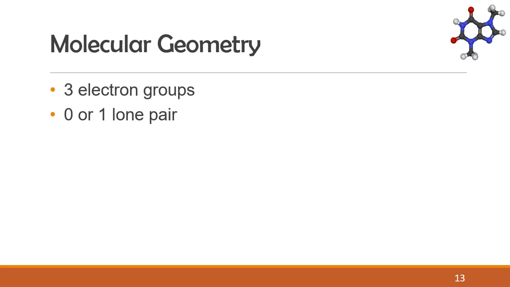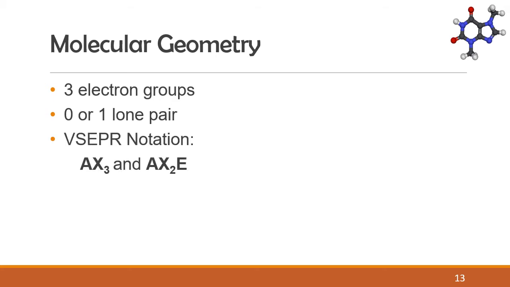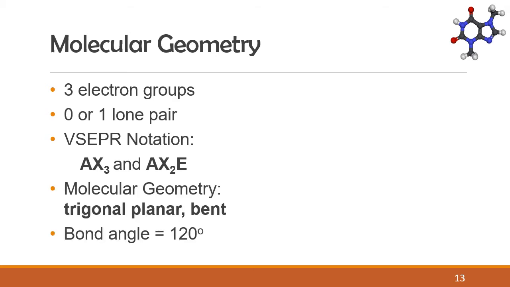The next basic shape is achieved with three electron groups. All three groups may be bonding pairs, or there may be two bonding pairs and one lone pair. The VSEPR notation is either AX3 for molecules without a lone pair, or AX2E for molecules with two bonding pairs and a lone pair. For the AX3 notation, the resulting geometry is trigonal planar.